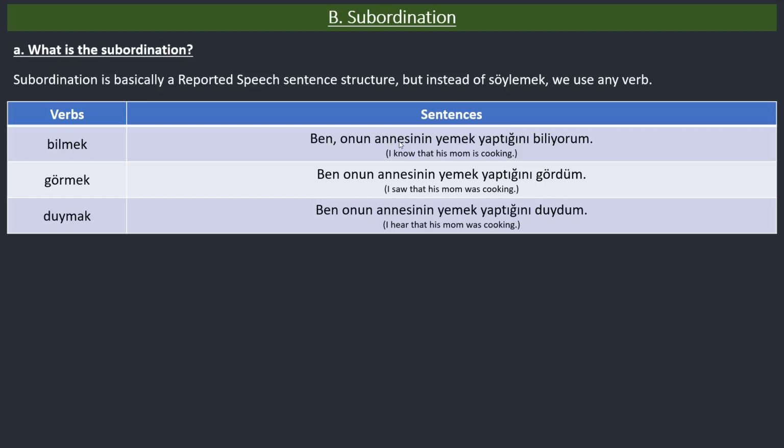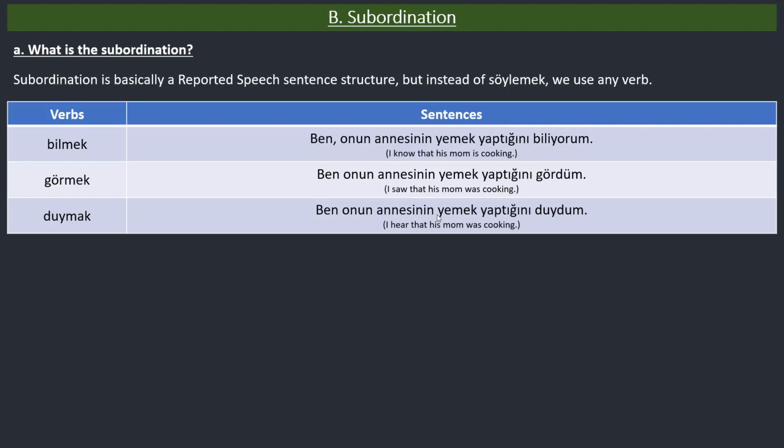Ben onun annesinin yemek yaptığını biliyorum. I know that his mom is cooking. Ben onun annesinin yemek yaptığını gördüm. I saw that his mom was cooking. Notice that we use know, bilmek, saw, görmek.